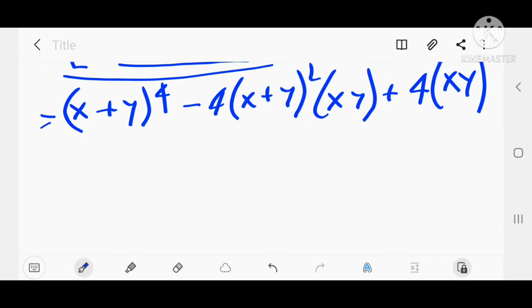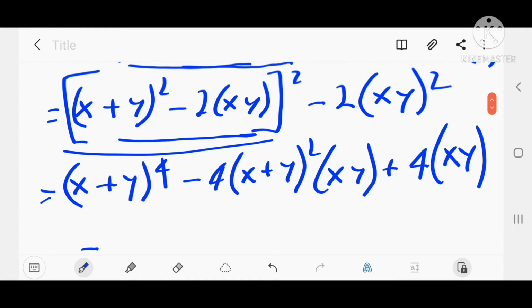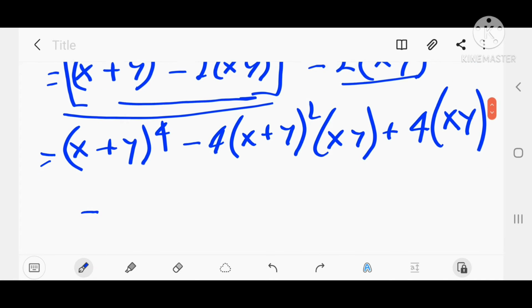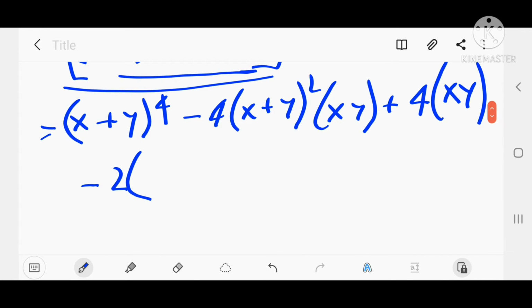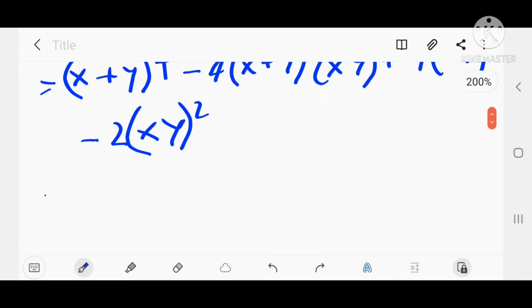Then we bring the last term, that will be 2xy exponent 2. All right, so we have this equal to, and we can simplify.